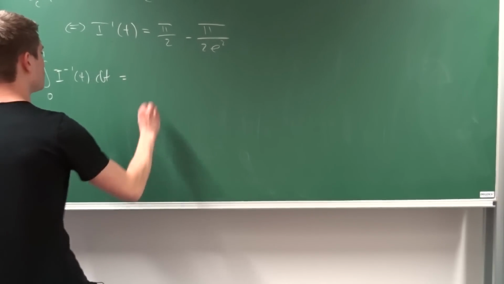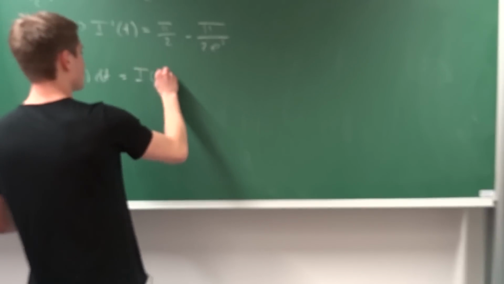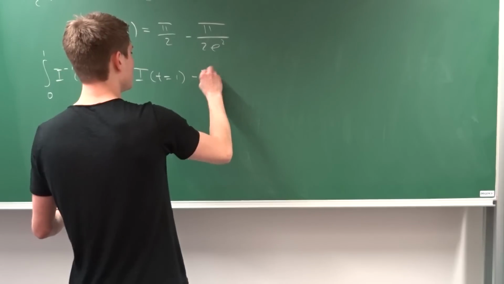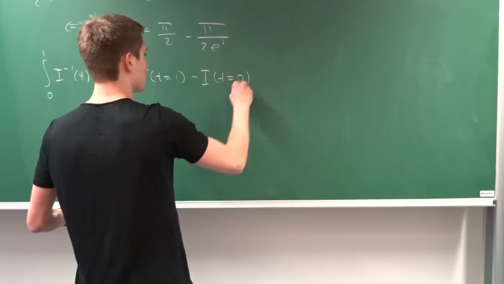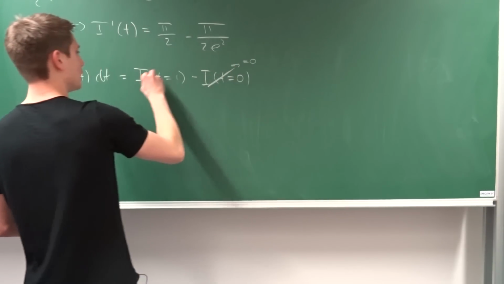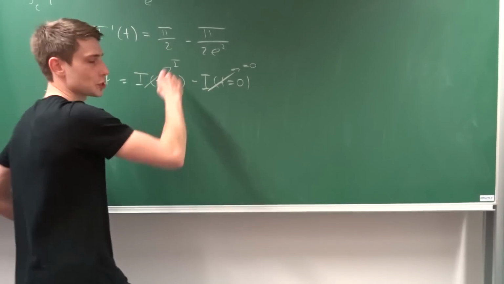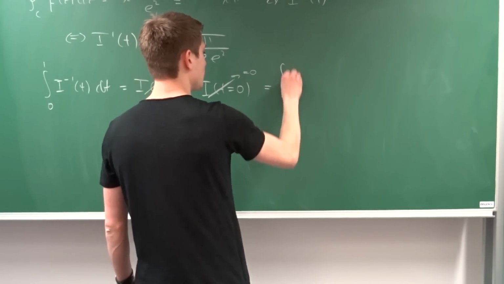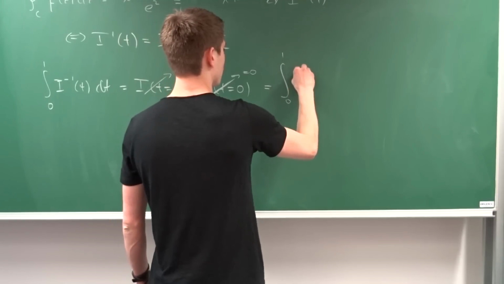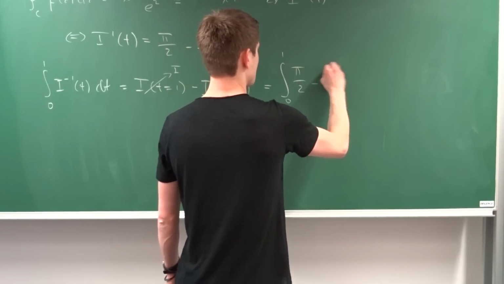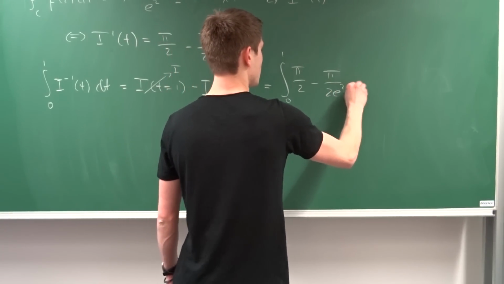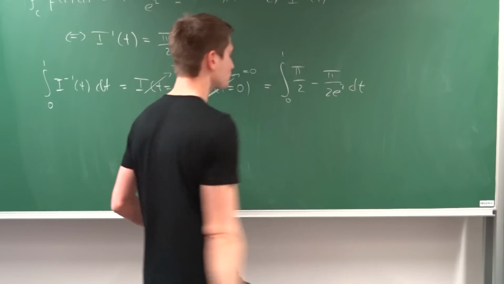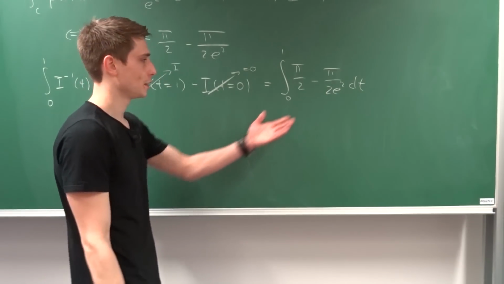And this is now going to be equal to I at t equals to 1 minus I at t equals to 0. Well, this is going to be 0, and this is going to be the solution to our original integral I. Nice. And now we have the integral from 0 to 1 of pi over 2 minus pi over 2 e squared dt. Okay, great.